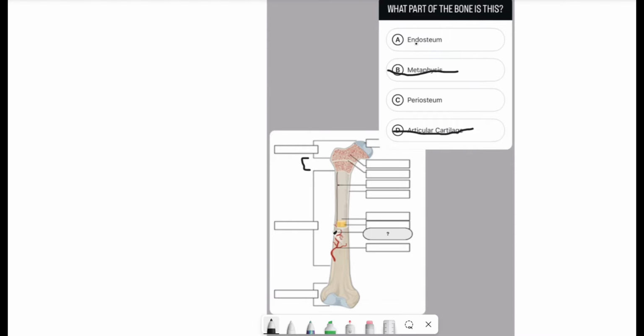So between endosteum and periosteum. Now if you remember the trick that I gave you guys for remembering the difference between endosteum and periosteum is looking at the prefixes. If you guys know your anatomical prefixes, this is a really, really easy question. Endo is inner.